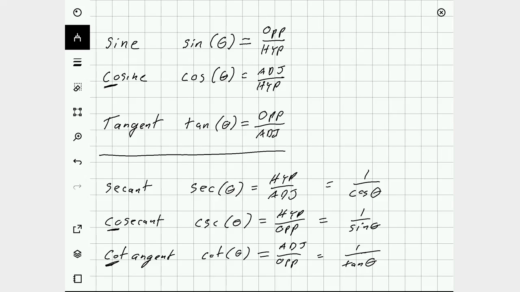And if an adjacent is in the ratio, it got replaced with opposite. The co-functions switch which side we are talking about as the opposite leg and which side we're talking about as the adjacent leg. Those kinds of tricks really helped me when I was first learning trigonometry to keep straight which of these angles is which.